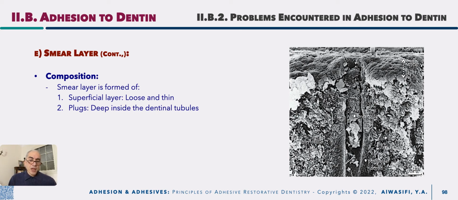Then, after cutting a cavity, smear layer is sealing these dentinal tubules with tightly packed debris that is smeared by instrument and frictional heat in combination with the dentinal fluid or sometimes saliva. This is the plug, while still you have a superficial, porous, weak layer on the surface of dentin.